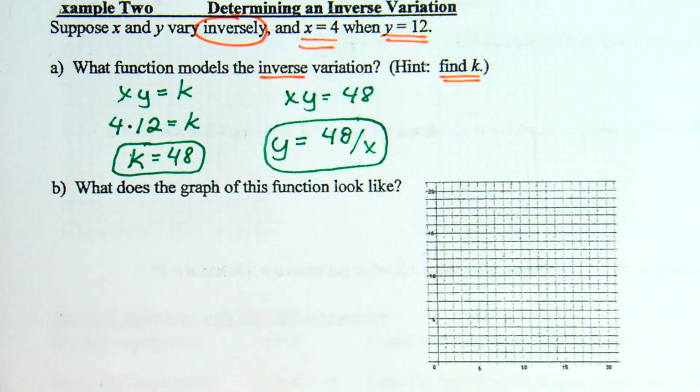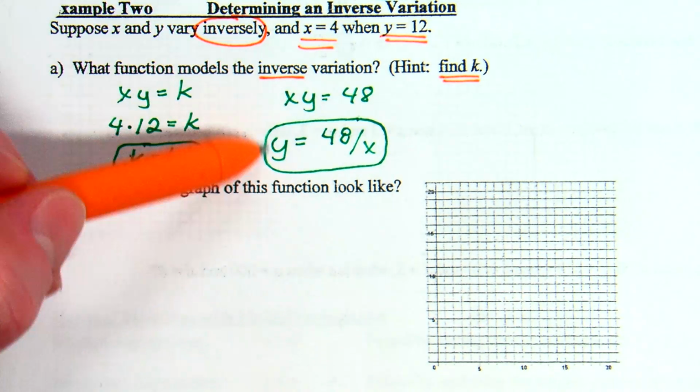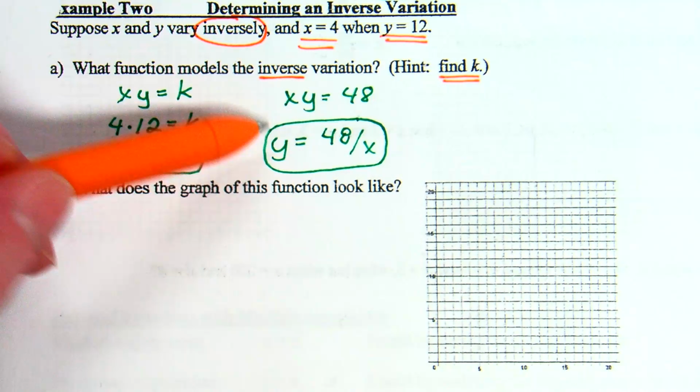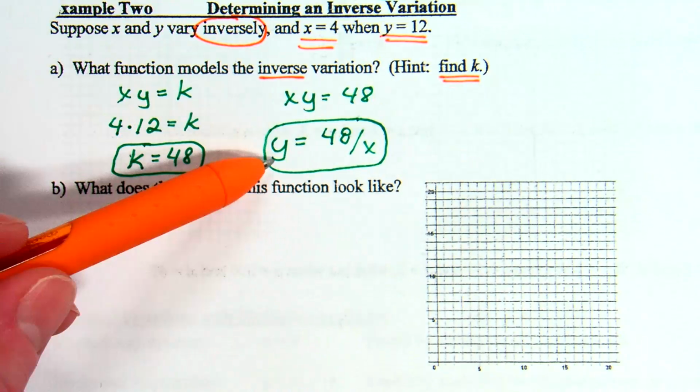Okay. In this case, in terms of starting this problem, in order to find k, the easiest way is to use the one that is k equals, right? Which was xy equals k, or k equals xy. When it comes to writing the equations, honestly, I'll often write both.